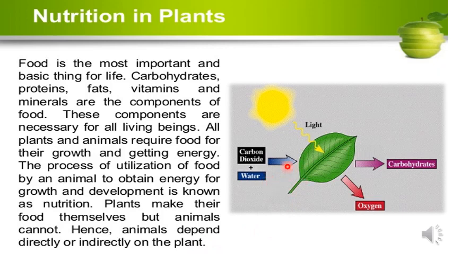Plants prepare their own food, whereas animals depend on plants directly and indirectly. In this topic, we are going to understand how plants prepare their own food, how they get carbohydrate, water, then vitamins and minerals for their development.